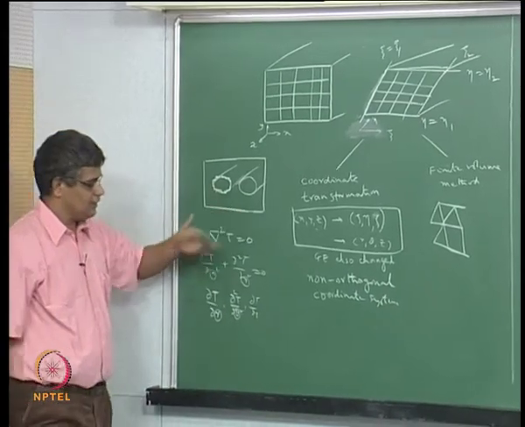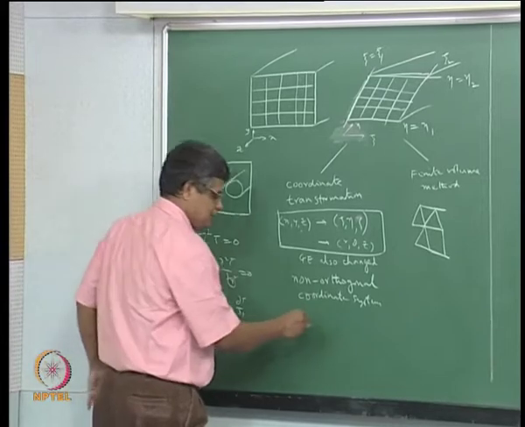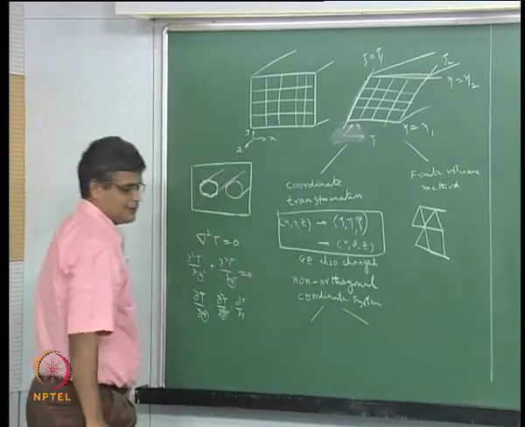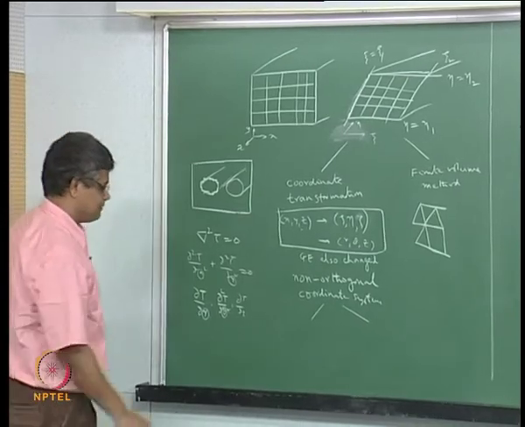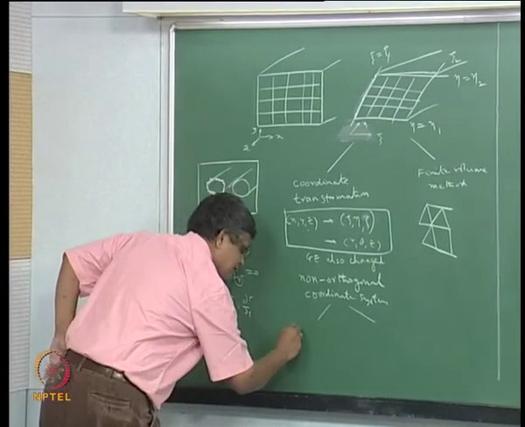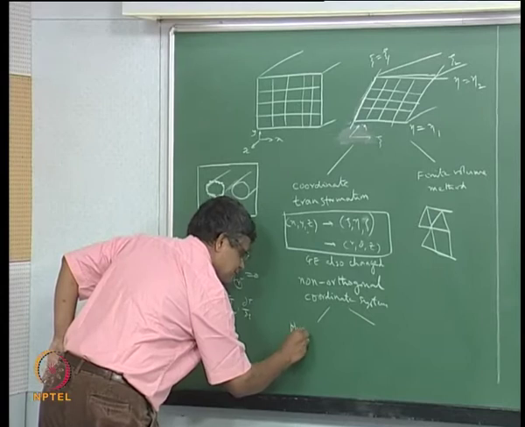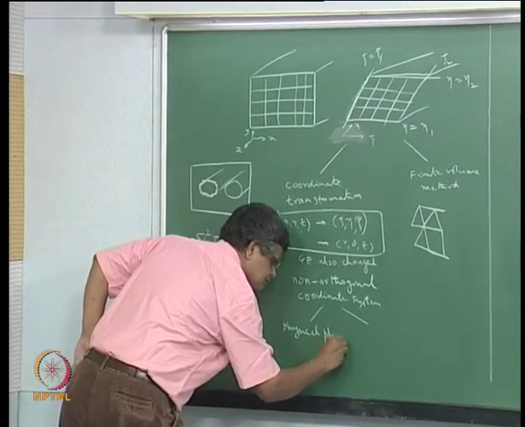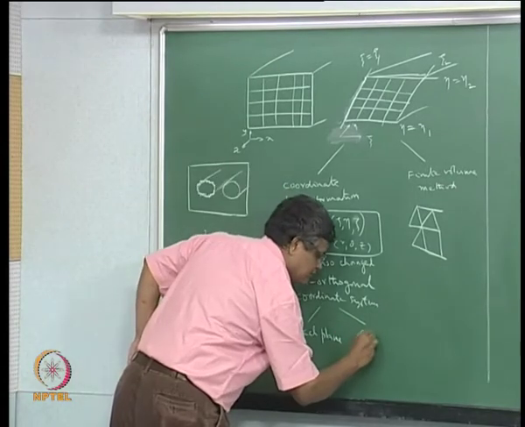So this is where the idea of a two grid approach comes into the picture. It is not a multi-grid. We are looking at a physical plane and a computational plane.